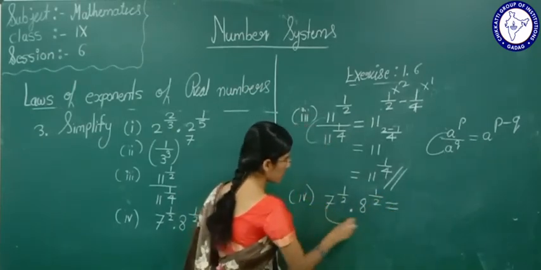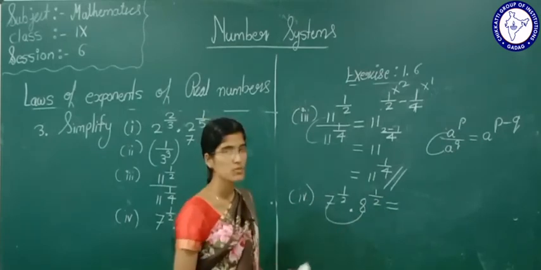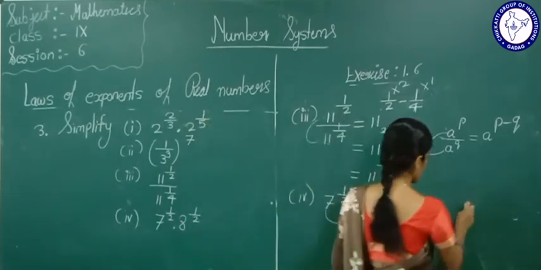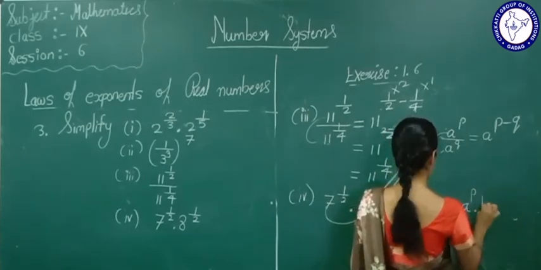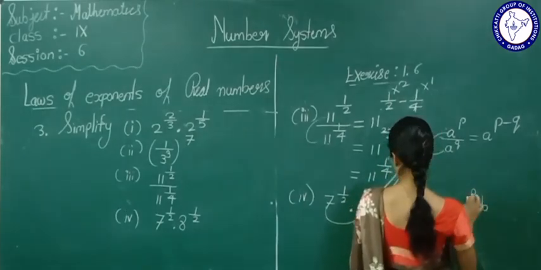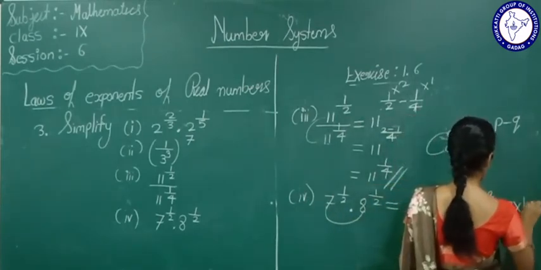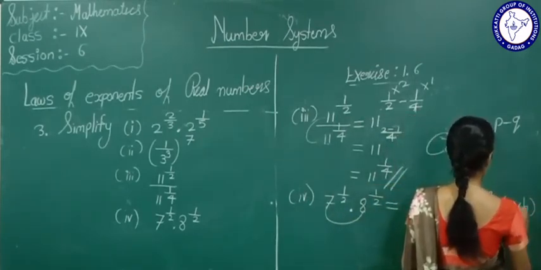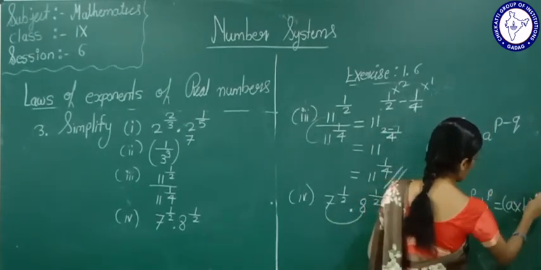Now see here the bases are different but the exponents are same. That is a raised to p into b raised to p is nothing but a multiplied by b, raised to p.